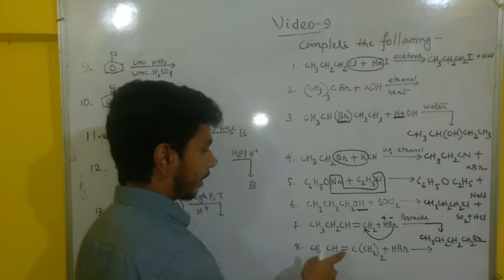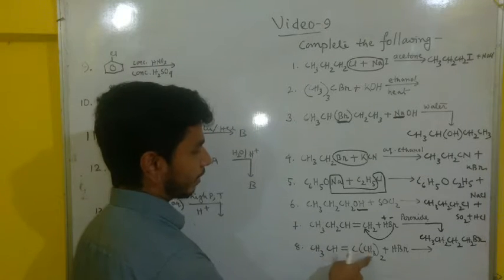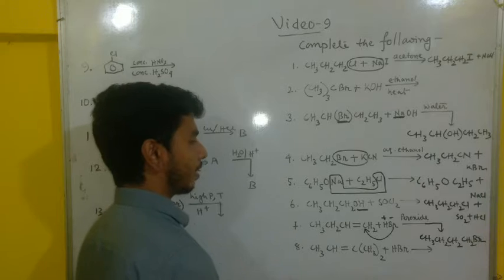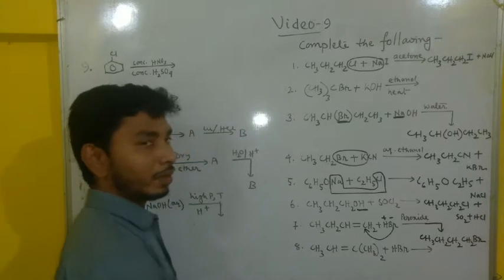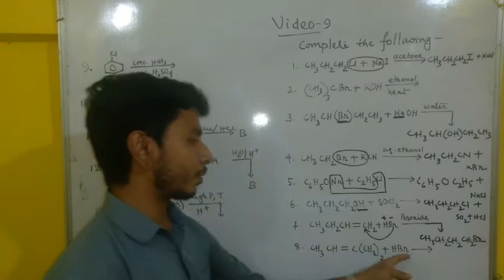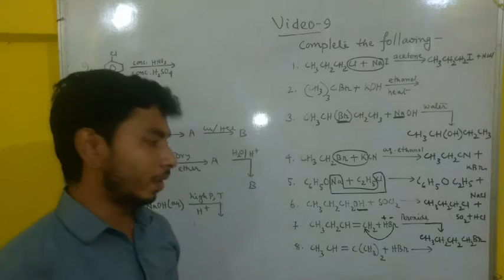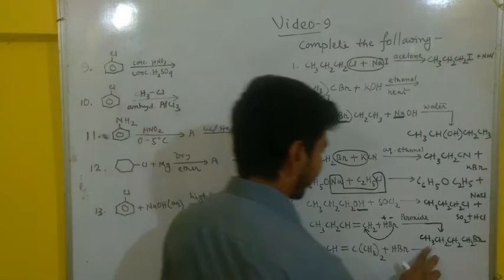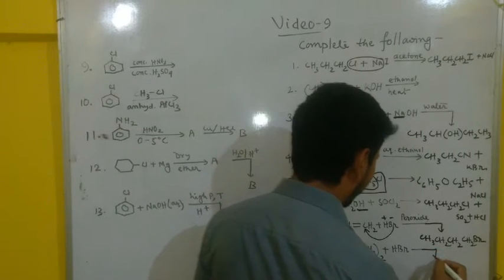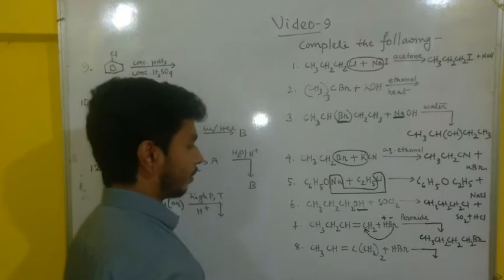Next, CH3CH=C(CH3)2 plus HBr, without peroxide. HBr without peroxide follows Markovnikov's rule, so we have to write the product according to Markovnikov's rule.